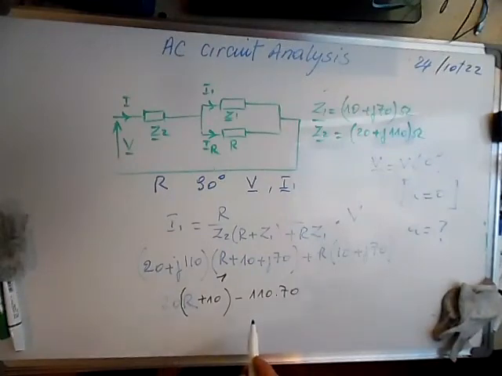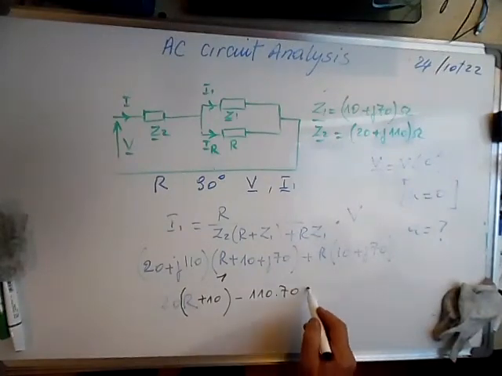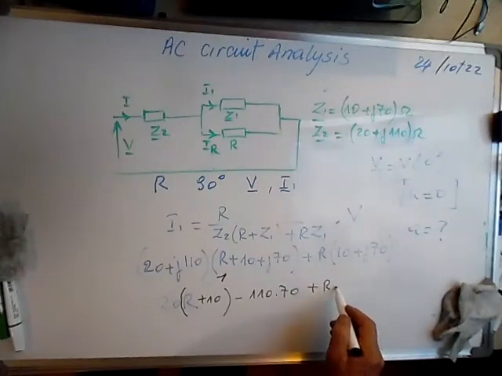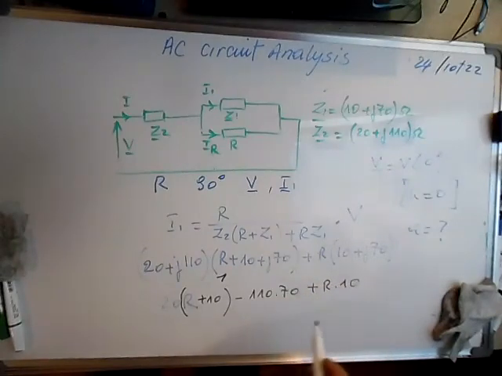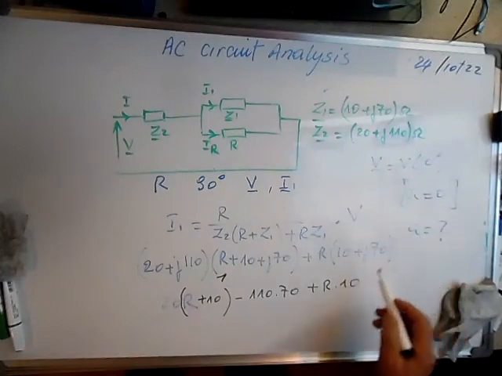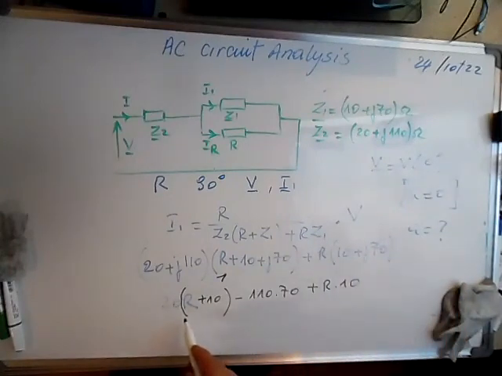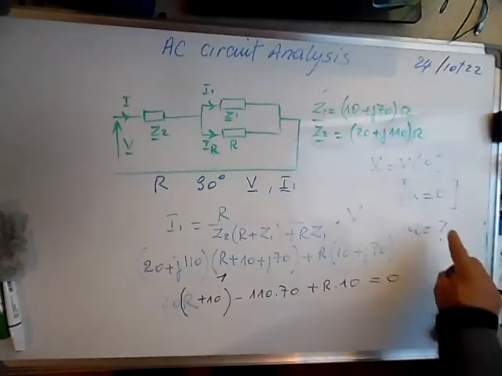We are taking only the real part, plus R times 10, because we are interested only in A. So the real part, this A, should be equal to 0.